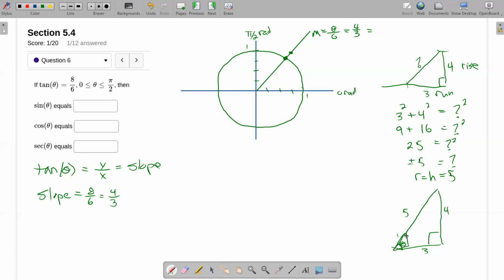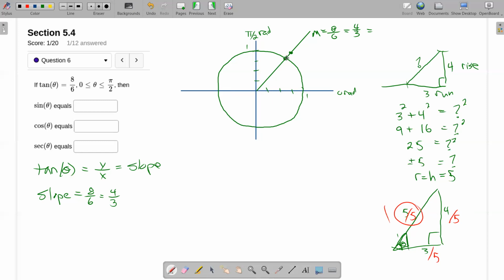So to turn 5 into 1, I just divide everything by 5. I'm going to do that because then I can identify something on the unit circle here. So dividing everything by 5, I get that, which puts me now on the unit circle.